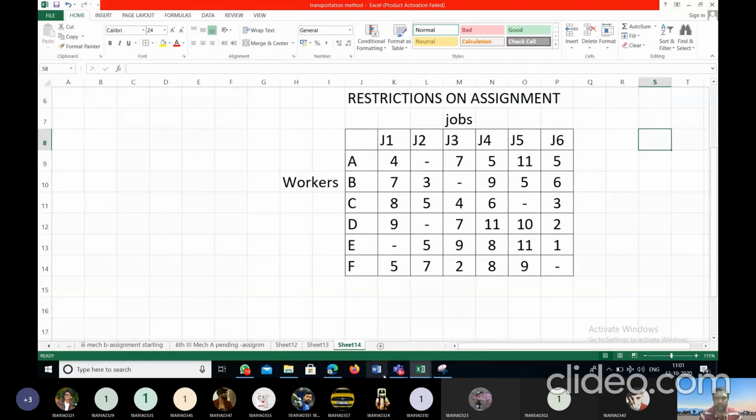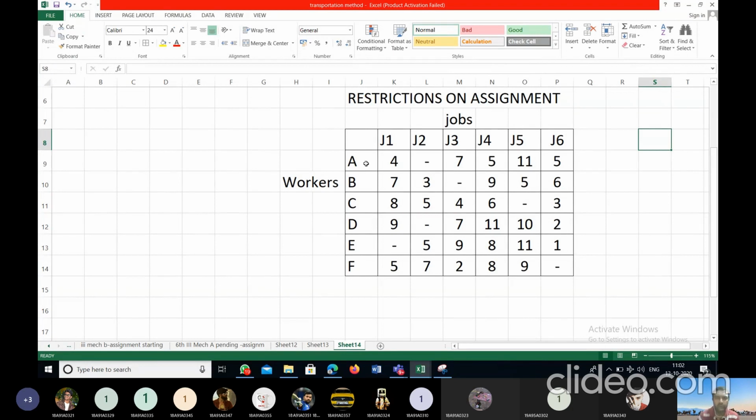So you refer to the transportation problem, this Excel file which we have completed with so many sheets earlier, right? All this file is continuously I'm updating this file with introducing the different sheets and different headings. So you go through all the sheets, then you are able to understand what is the different problems we encountered. Okay, right? So this is regarding the restrictions on assignment.